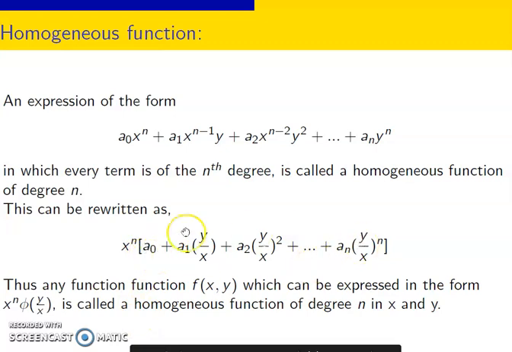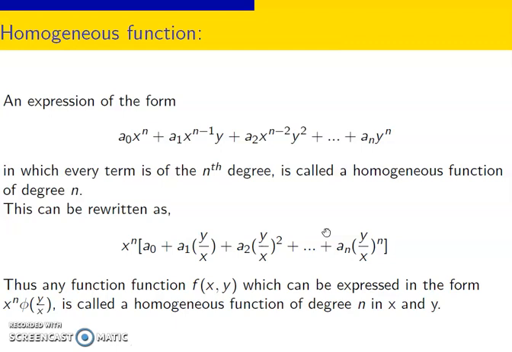So this is the general expression. This can be treated as a homogeneous function of degree n, and here we have introduced only two independent variables, x and y. So this is all about the homogeneous function.